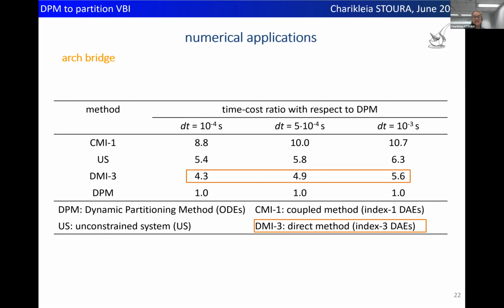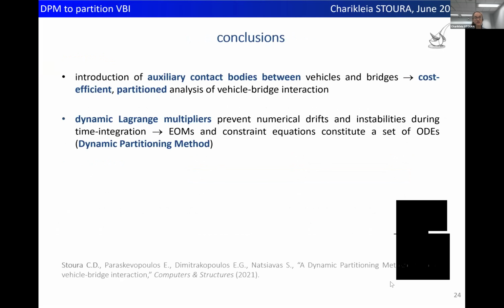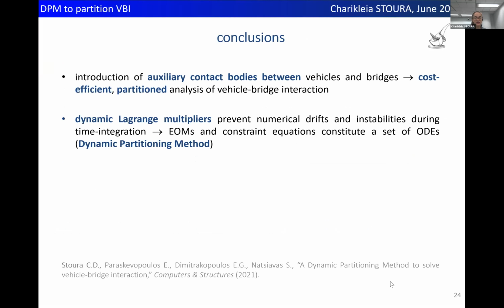Then, solving for an index 3 system of differential algebraic equations, we see that the dynamic partitioning method is still computationally more efficient. Thus, compared to existing numerical algorithms to solve the VBI problem, the proposed approach is both accurate and efficient. So I will close this presentation with some main features of the dynamic partitioning method. First of all, the proposed partitioning method treats the vehicle-bridge interaction problem both accurately and efficiently.